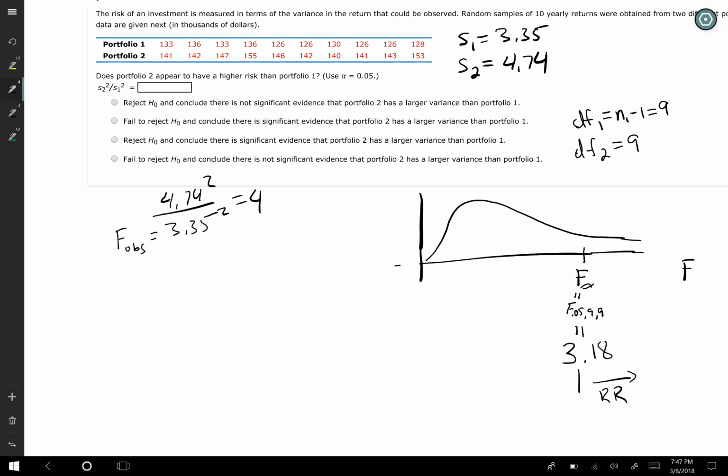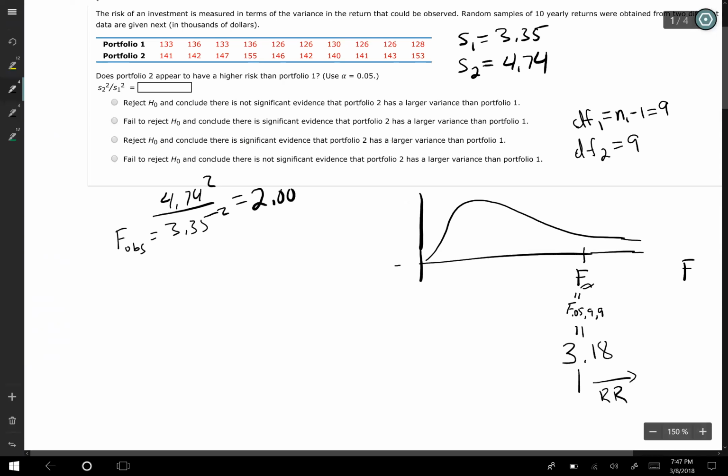Is that right? 2.0. Oh, 2.002 was what I got for it.